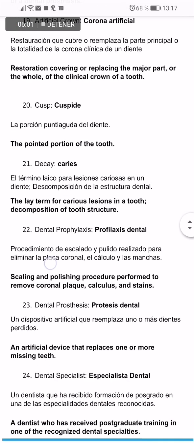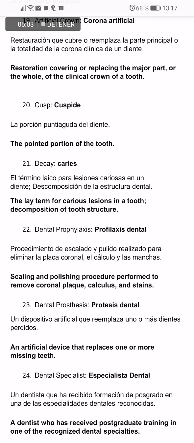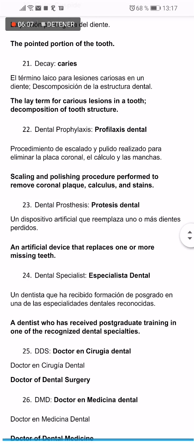Cusp, cúspide: the pointed portion of the tooth. Decay, caries: the late term for carious lesions in a tooth. The composition of tooth structure.